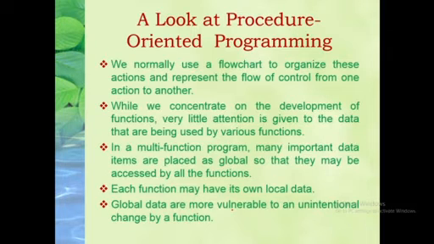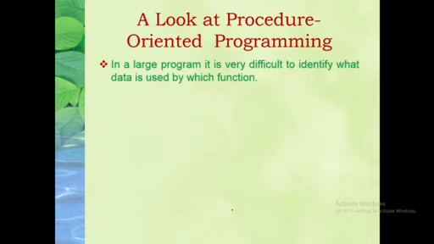Now these global data are vulnerable to unintentional changes. It means we are not very sure which function is changing what data. In large programs, it is very difficult to identify the data. Where is the data? Which function is manipulating the data? And when a function is over, what is the condition of the data?